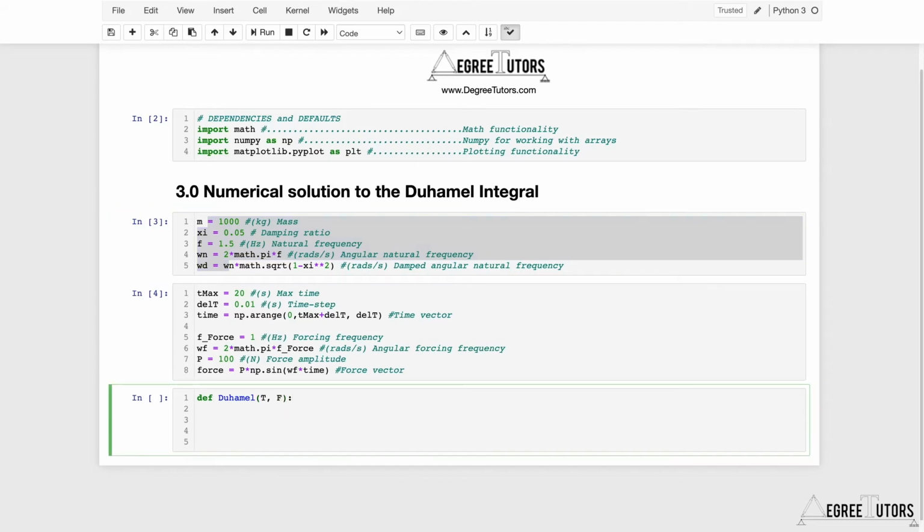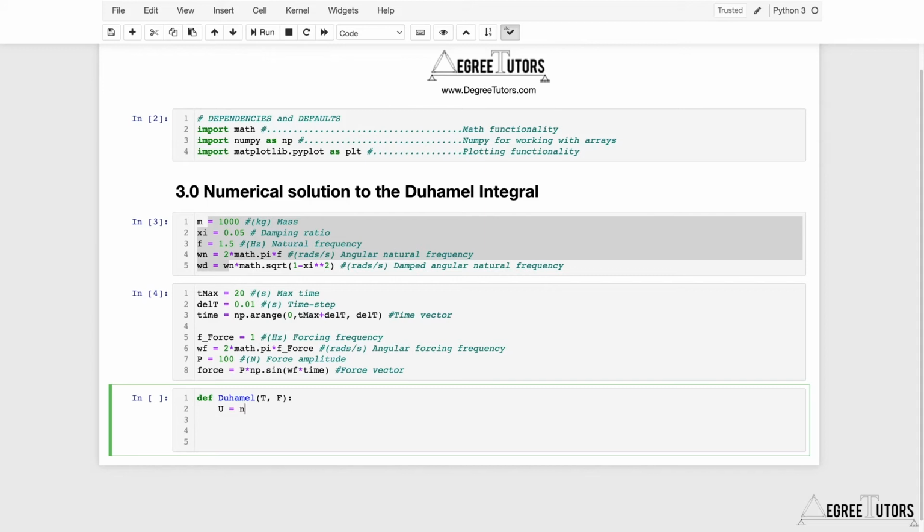Okay, let's see, where to next? Well, the function itself is going to output a series of displacement values. So I'm going to start by defining essentially a container that's going to hold all my displacement values. I'm going to initialize all of the displacements for every time step to 0, and then as we loop through the time vector and the force vector, we're going to override those zeros with the actual displacement values.